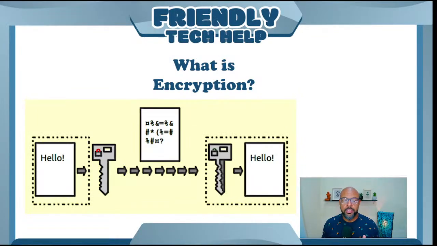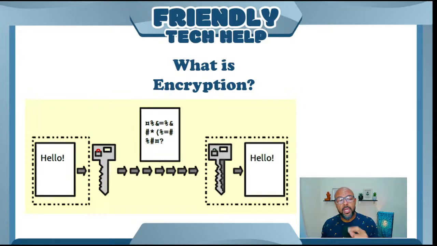So, encryption is a process by which your devices are able to send secret messages to each other. In this case, we'll say that box on the far left, that's your phone, right? And that interface in between, what's happening there is your phone uses an encryption key to scramble the message, right? It scrambles that message so that if by any chance someone saw that message before it arrived to who you were sending it to, it would look like nonsense because they don't have the key.